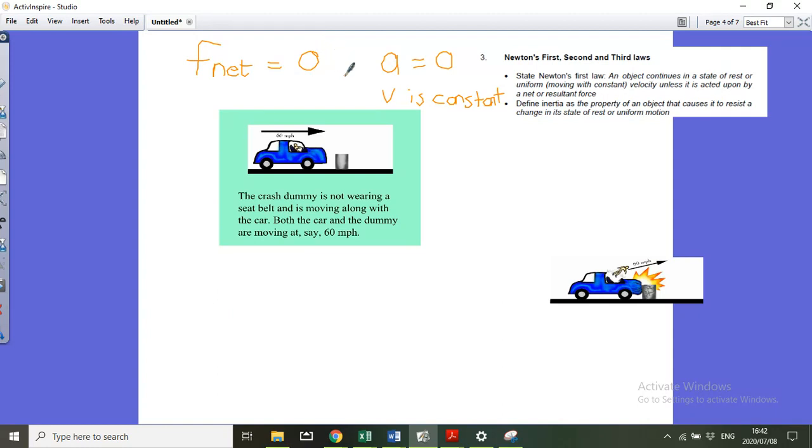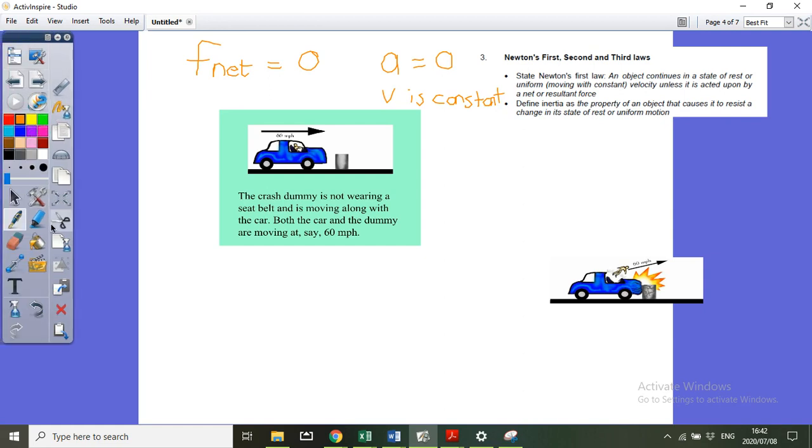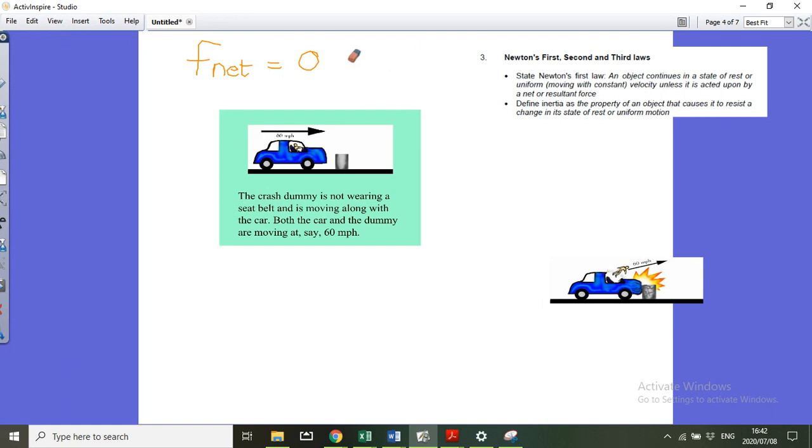But how do they ask Newton's first law? It's normally an explanation question. And in that explanation question, they're going to have some scenario. So the typical question is you have something moving along in a car, on the back of a truck, anything. And it's loose. It can move. It doesn't have a safety belt on.